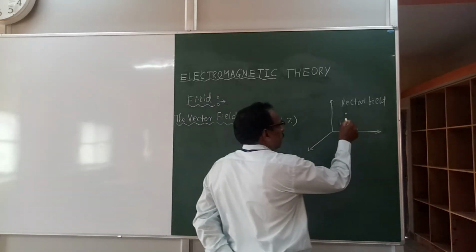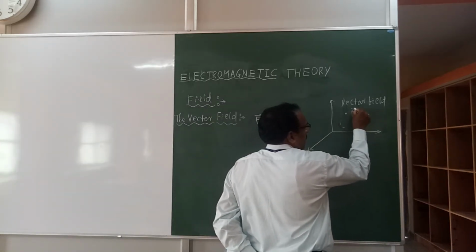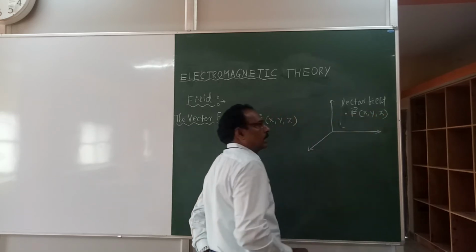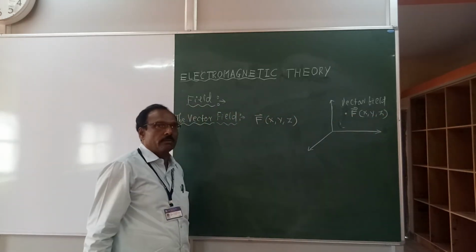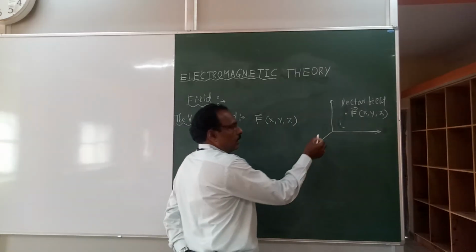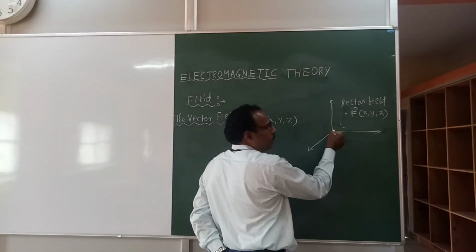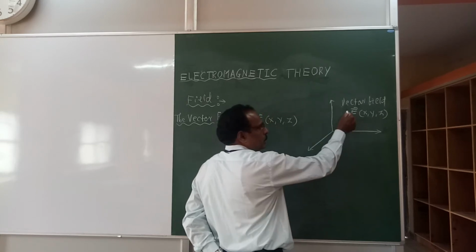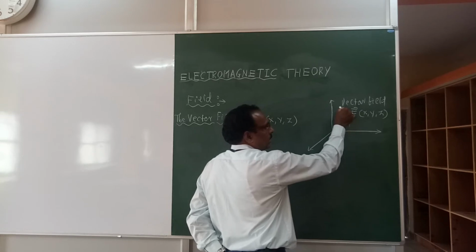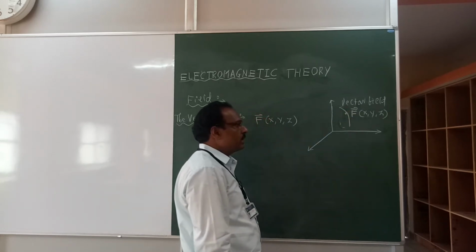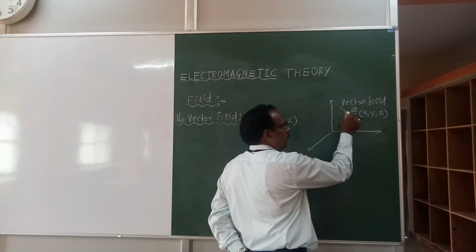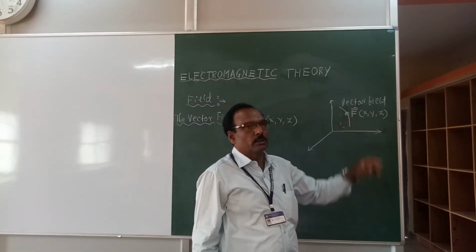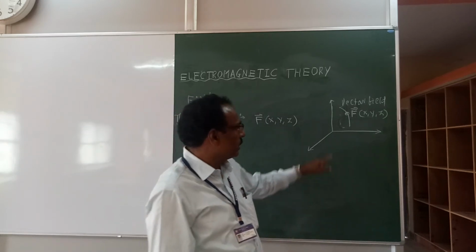If f of x, y, z is a continuous vector function in a vector field, then at every point it is represented by both its magnitude and direction. A point you can draw like this, f of x, y, z. F is a continuous vector function.